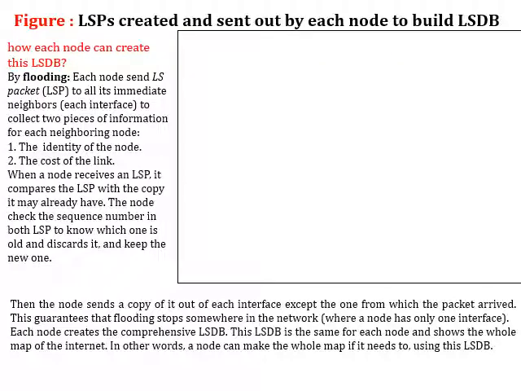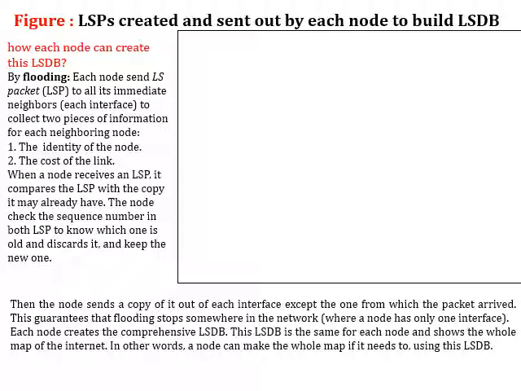The figure shows the link state packets created and sent out by each node to build the link state database. How can each node create this link state database? They create it by flooding the packets.